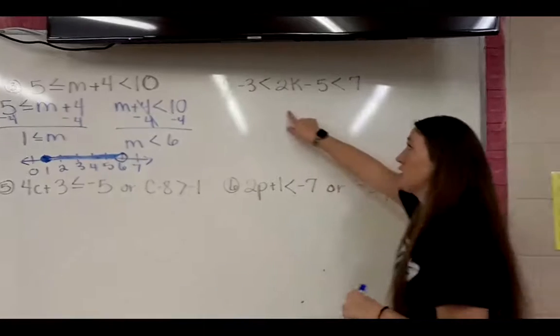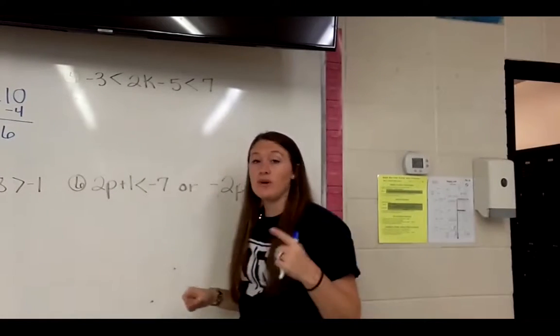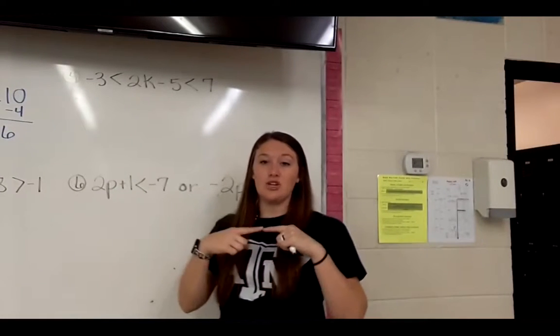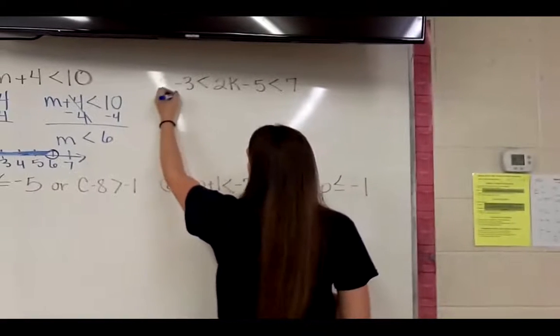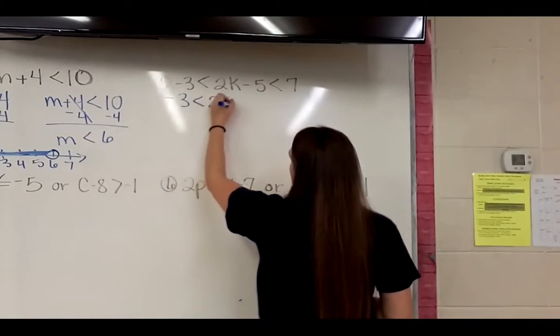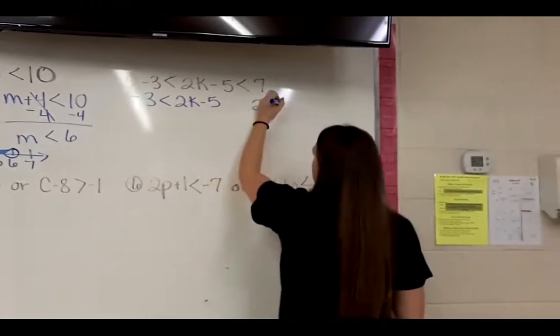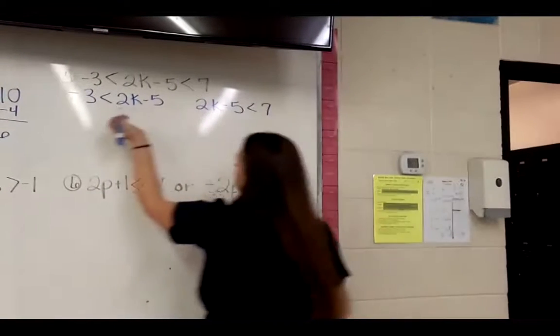Okay, so number 4. Again, this is a compound inequality, so we already know our graph. They're going to go and meet each other. So I'm going to go ahead and split this one up so that we can solve our inequalities.